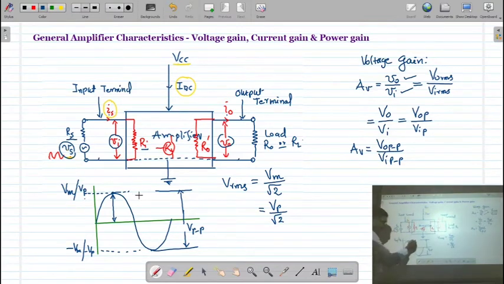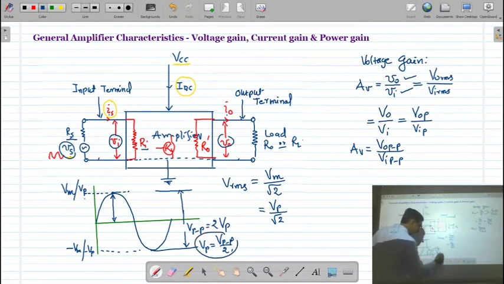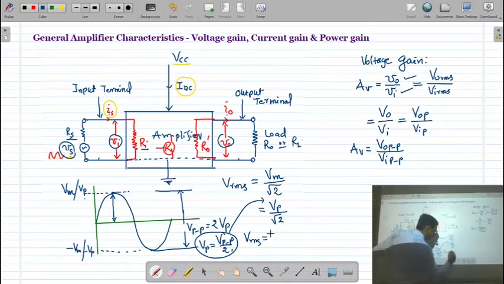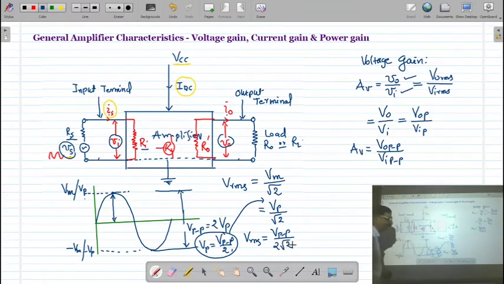Now, whatever the peak to peak value is, V peak to peak, that voltage is nothing but 2 times the peak value. Meaning the peak value will be equal to the peak to peak value divided by 2. So if I write this value of Vp here, then Vrms is V peak to peak divided by 2 root 2. Correct?